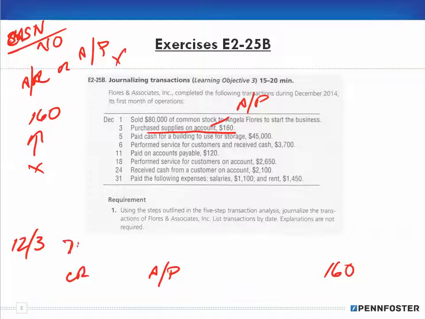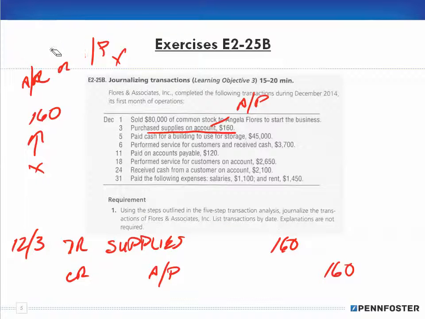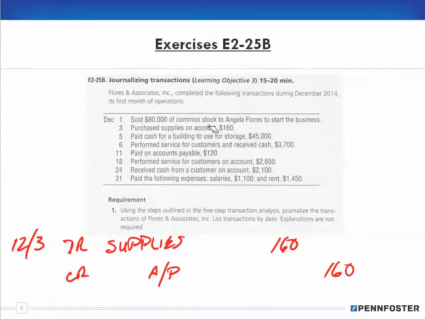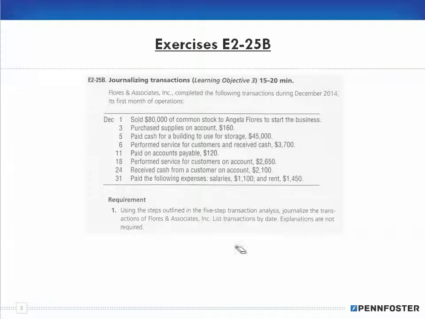I have to debit something else, and what am I buying? I'm buying supplies. So I'm going to debit supplies for $160, and that's that entry. Pause the video and write those down if you have to. Rewind and play them again if you need to.